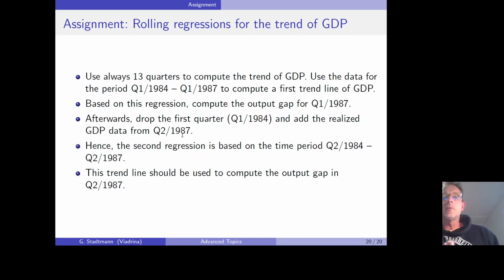Hence, the second regression is based on the time period Q2 1984 to Q2 1987. So also here we have only 13 data points, and this second trend line should be used to compute the output gap in Q2 1987.